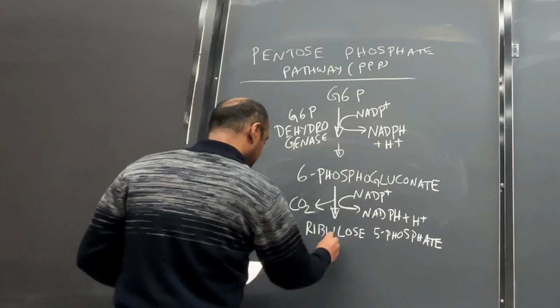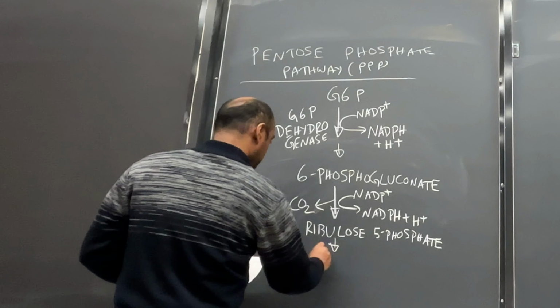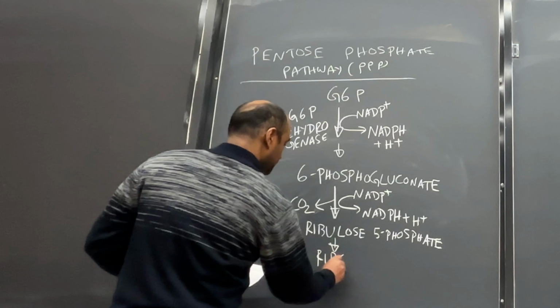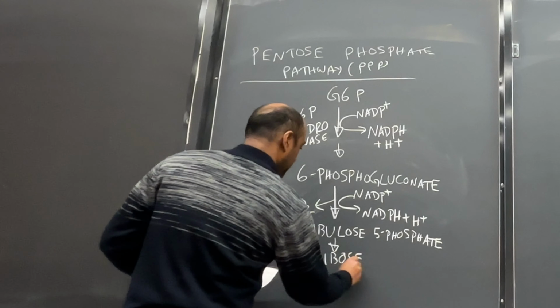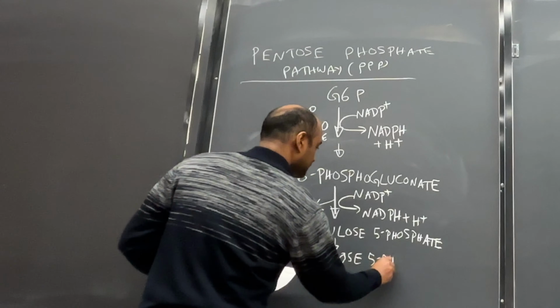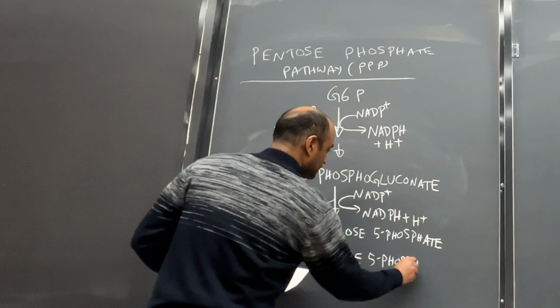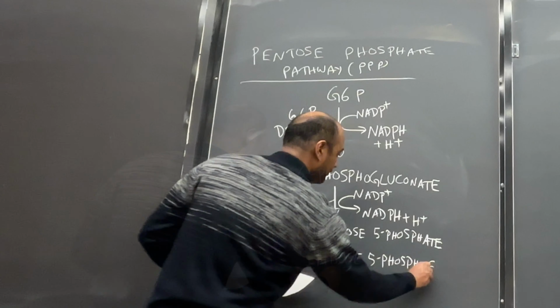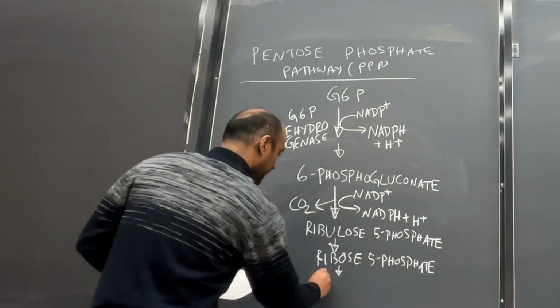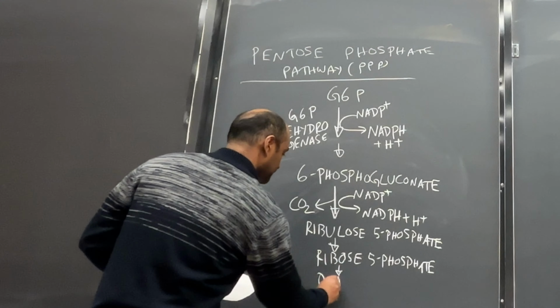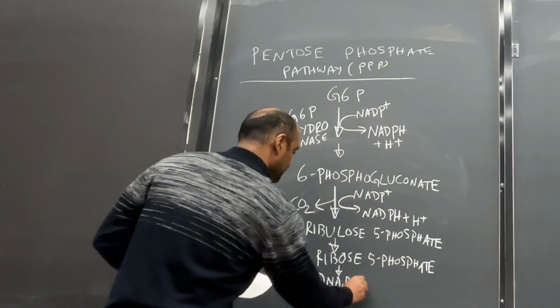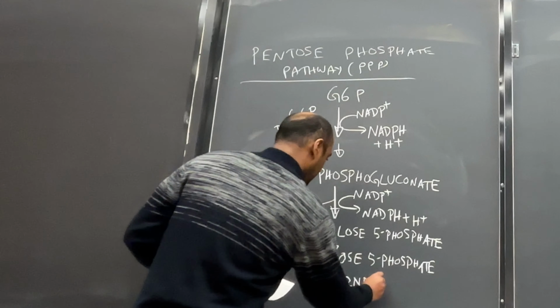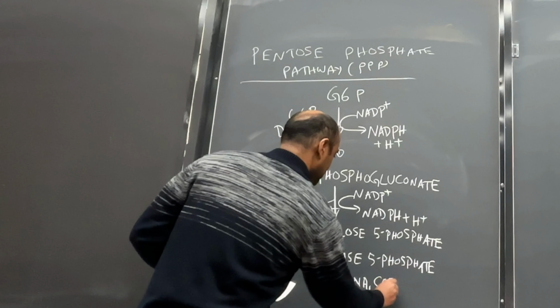And this ribulose 5-phosphate will go on to make ribose 5-phosphate, which goes on to make DNA, RNA, and there are some coenzymes.